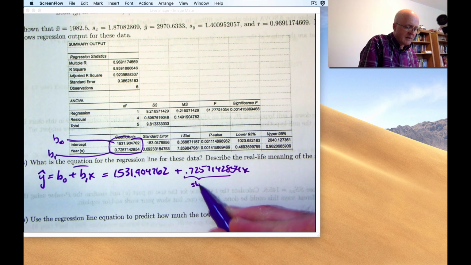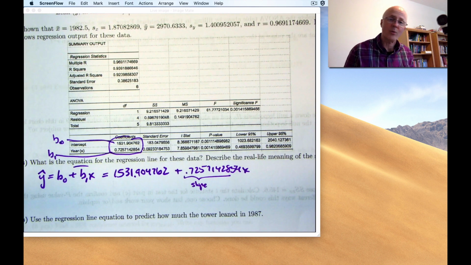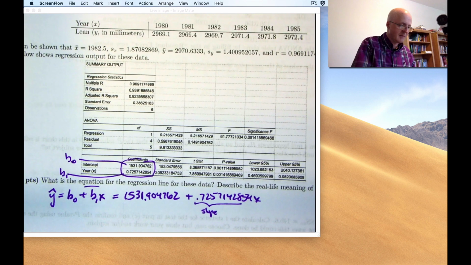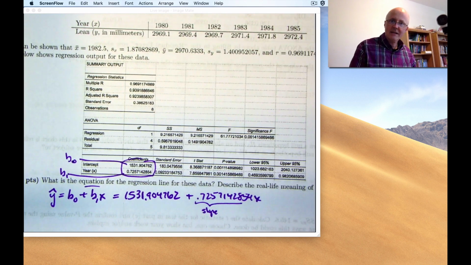What is its real life meaning? Slopes are always rates of change. The rate of change of y with respect to x. Think about the units. Y is the amount of lean in millimeters. That's back up here. X is the year.